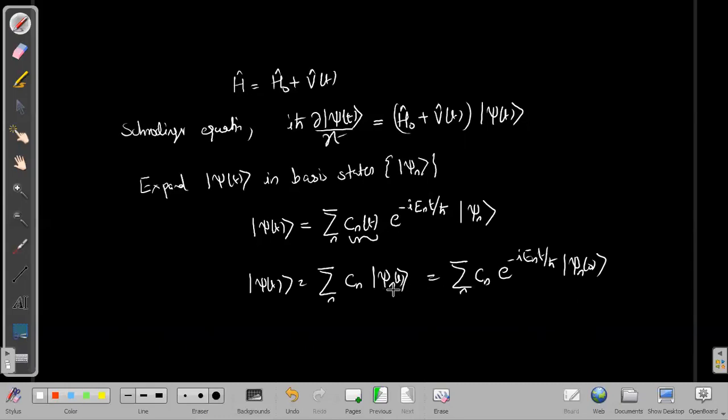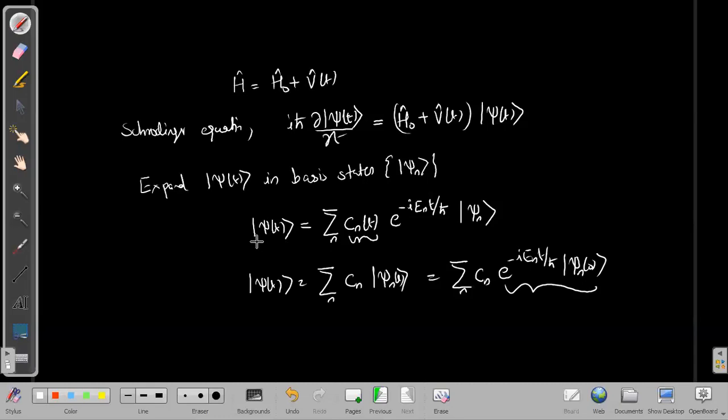The basis states themselves have a time evolution, which is written here. That is the normal time evolution. Apart from that, the Hamiltonian also changes with time, so that connection should come into the state vector. That is why I have introduced a time dependence for c n. I think it is clear to you.